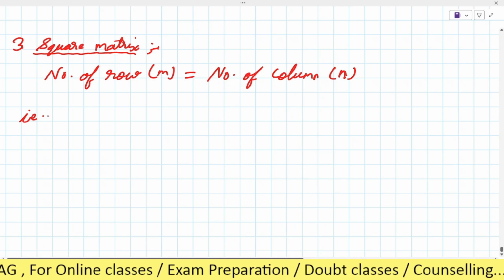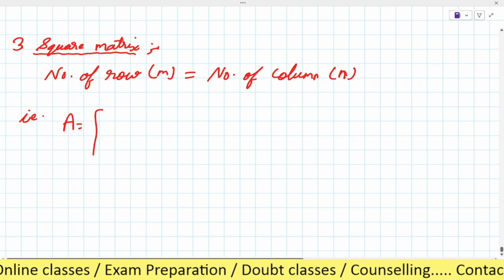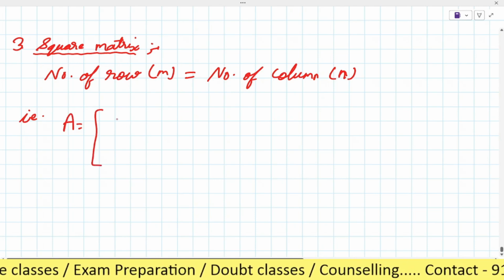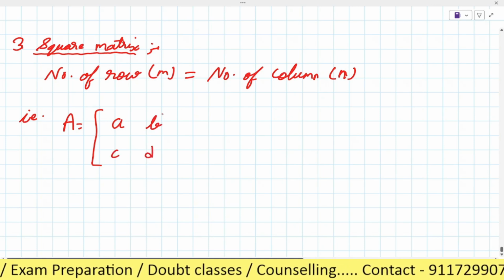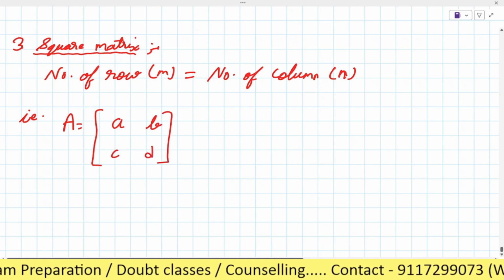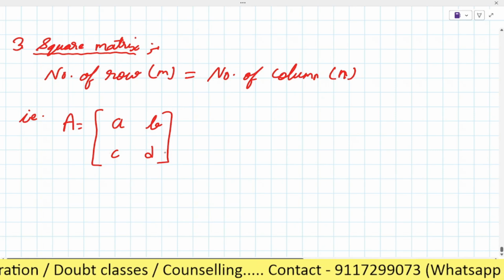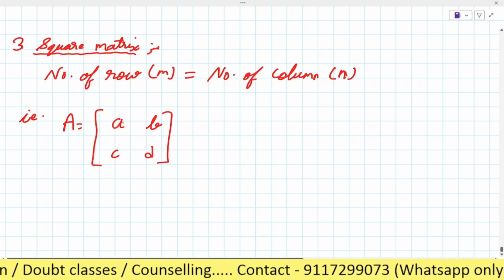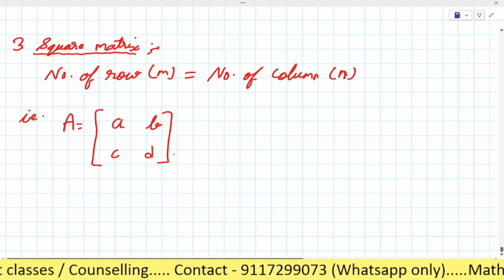As an example, suppose there is a matrix A and its elements are a, b, c, d. What is the number of rows? In one row it is a and b, and in the second row it is c and d.